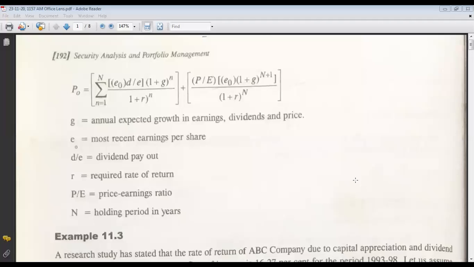Just give me a minute. Can you see the screen of the three-stage model?